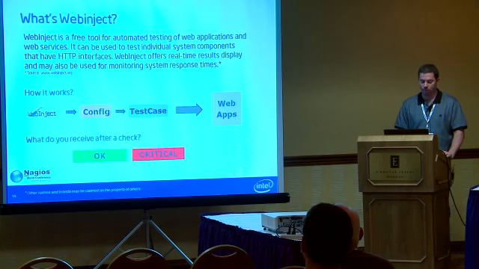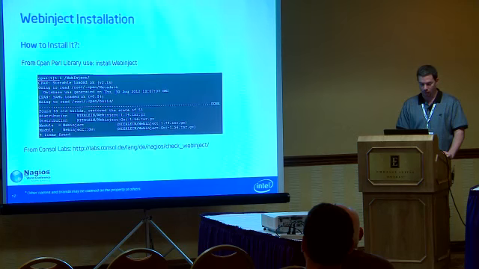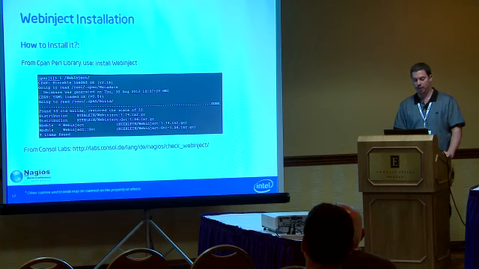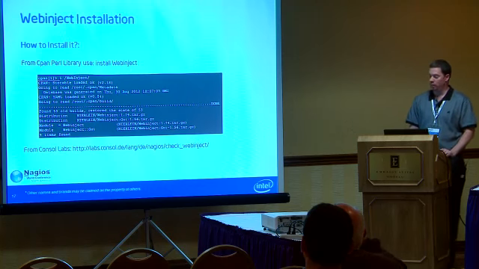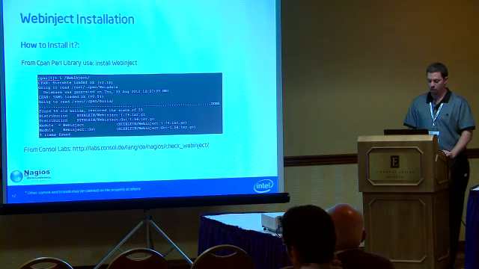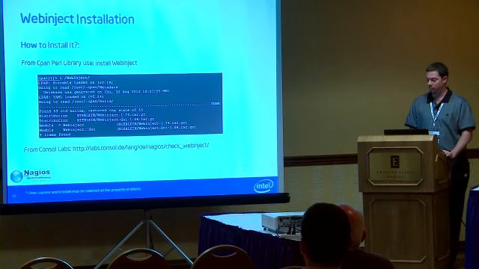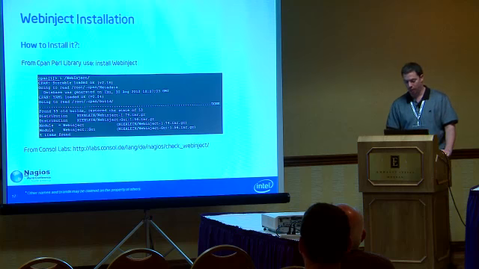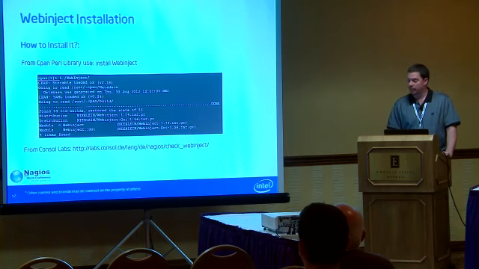What you receive after a check is an OK or critical status. How to install? You can install from the CPAN Perl library, just use install WebInject, or you can download the latest version of the code from Console Lab, the company that is developing the latest code of WebInject.